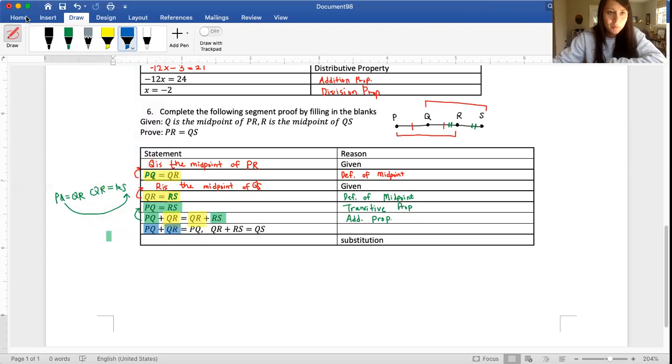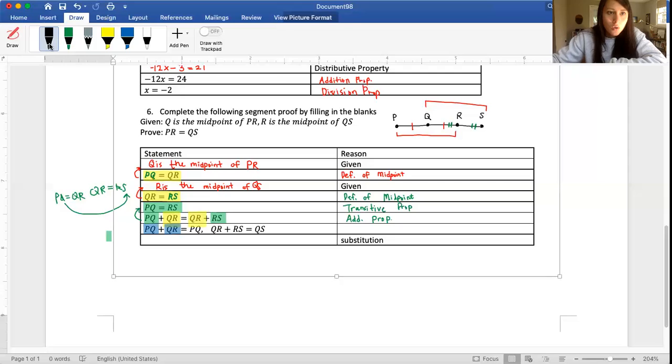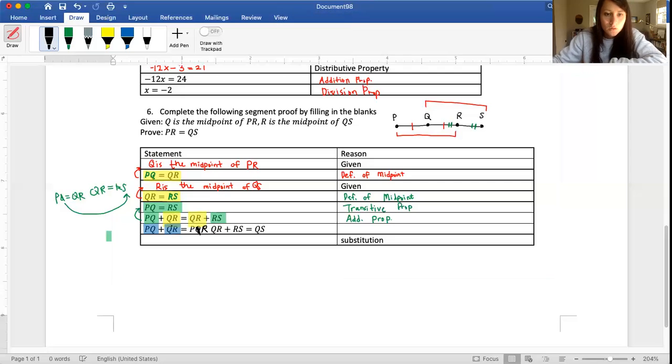I think that's a typo there. So this should be PR. So what I'm looking at is, I'm going to use blue here, PQ plus QR equals this entire thing, PR. That is what we call the segment addition postulate, right? When you add two segments together, it equals the whole part of that segment.